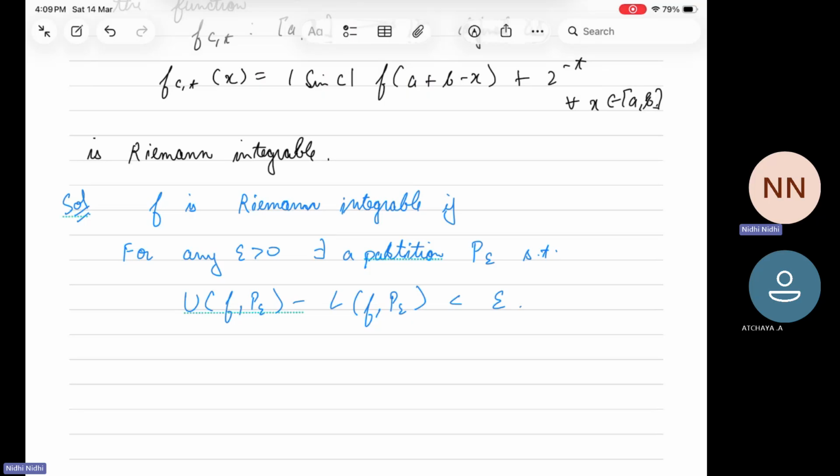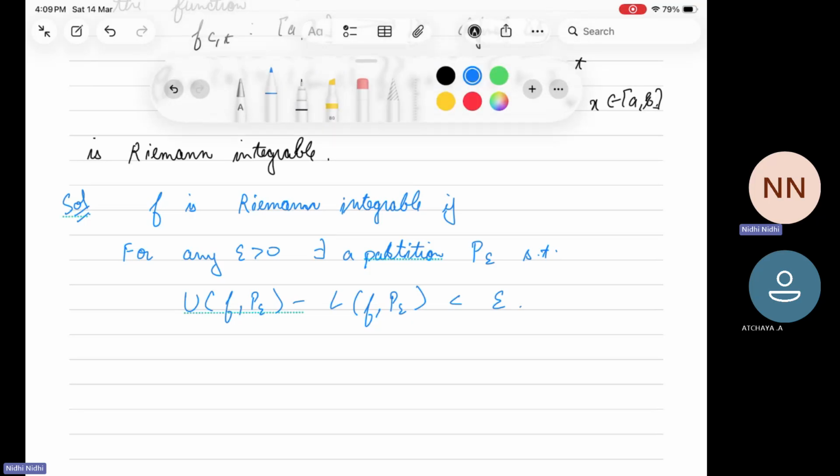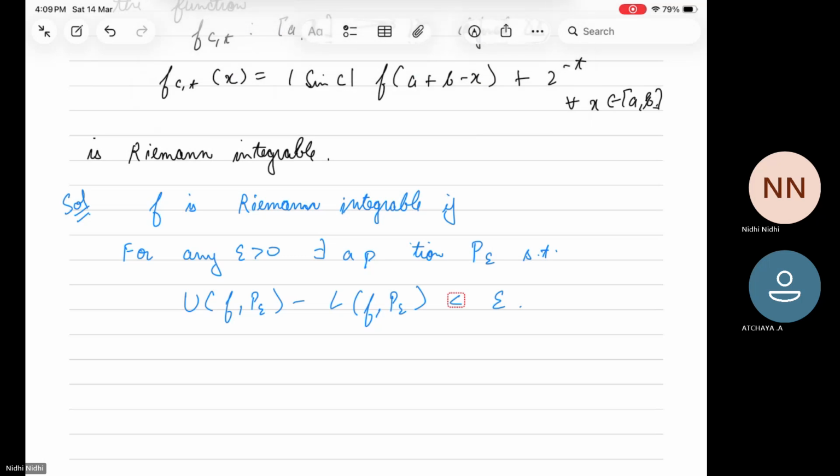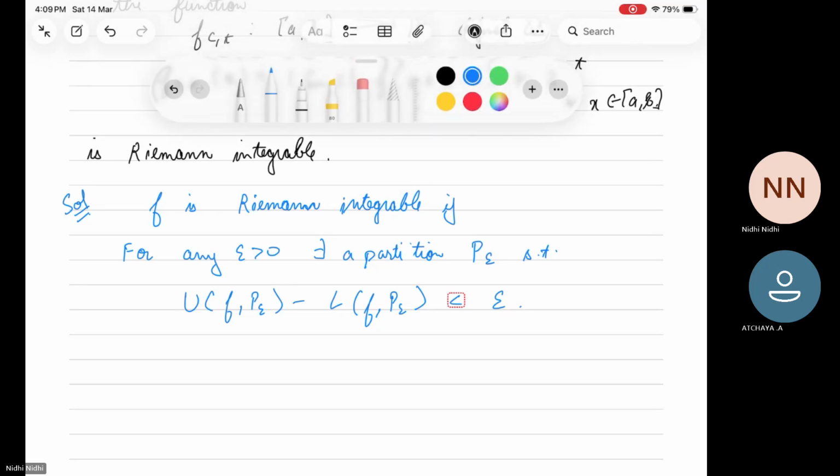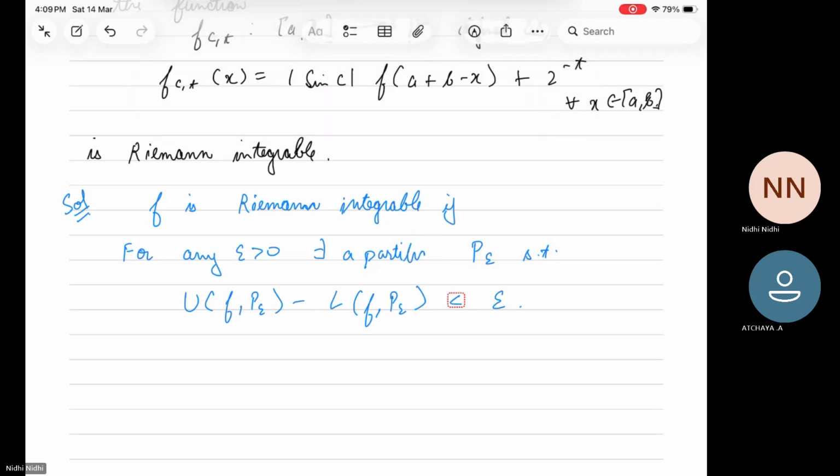This comes directly from the definition of UF and LF, basically because we are trying to minimize this difference UFP minus LFP. Since we are minimizing this difference, for any epsilon positive, we should be able to get it.